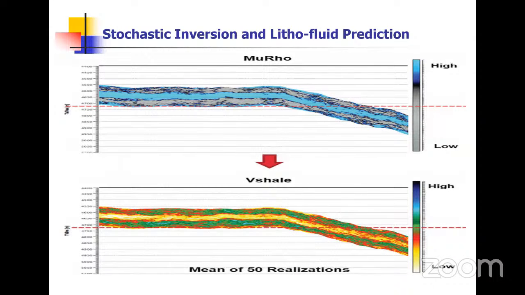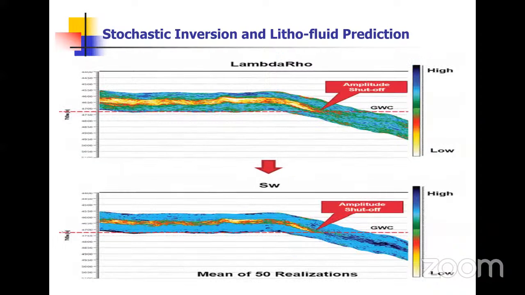Here also I have my Mu-rho, and then I have a V-shell that was modeled from that Mu-rho. Here I have a lambda rho, which has to do with fluid. Then I have a saturation that was modeled for that lambda rho. Don't forget, because it's stochastic, we have several realizations.